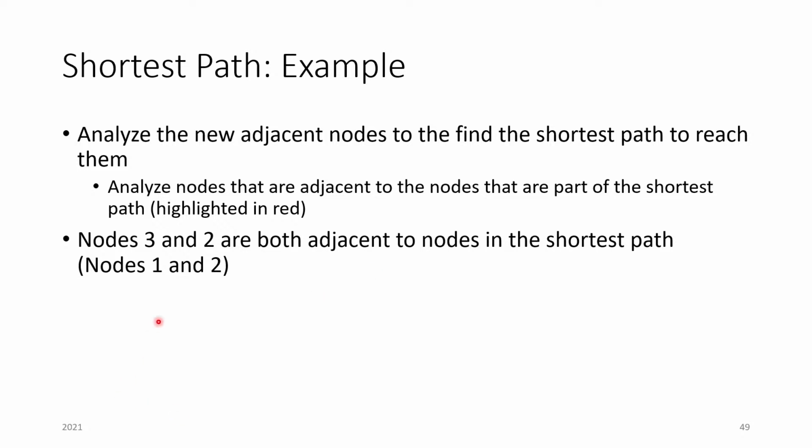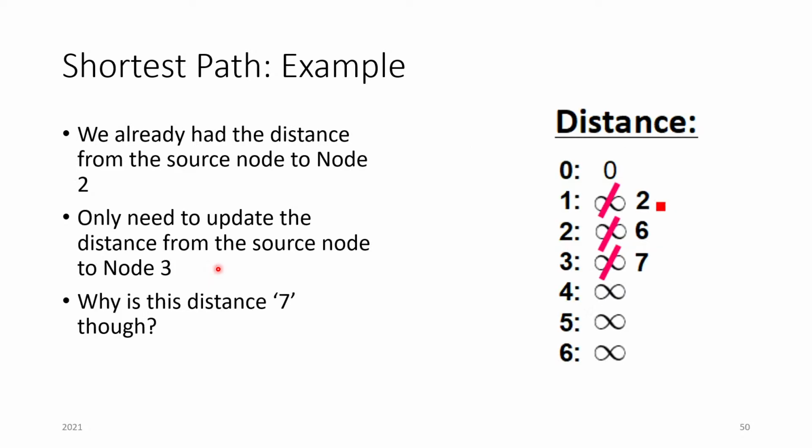And our shortest path so far would be nodes 0 and 1 that we need to consider. We already had the distance from the source node to node 2, which was 6 on our list. So the only distance we need to update here is from the source node, 0, to node 3. And the question is, why is this distance going to be 7 in this particular case? We're going to observe this in the next few slides.